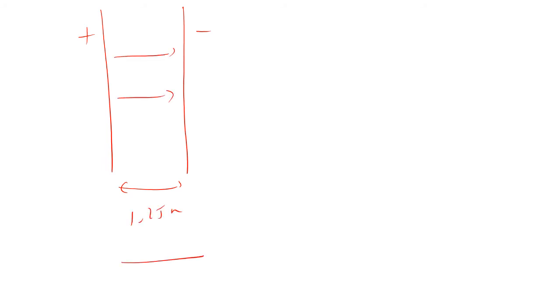And I told you there's 275 volts between the two. So the electron starts here, goes there. So the change in electrical energy is going to be basically minus eV.